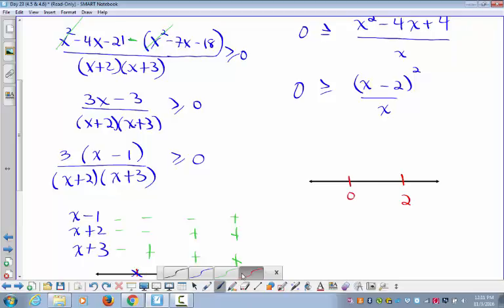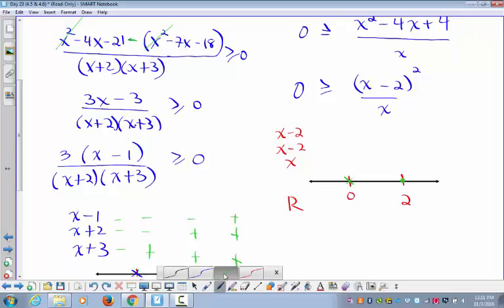And our factors, here we have to be a little careful. We have x minus 2 twice, right? And then we have x. And then we have our result. And the 0 in the denominator is the bad one. So that's bad, but 2 is okay.